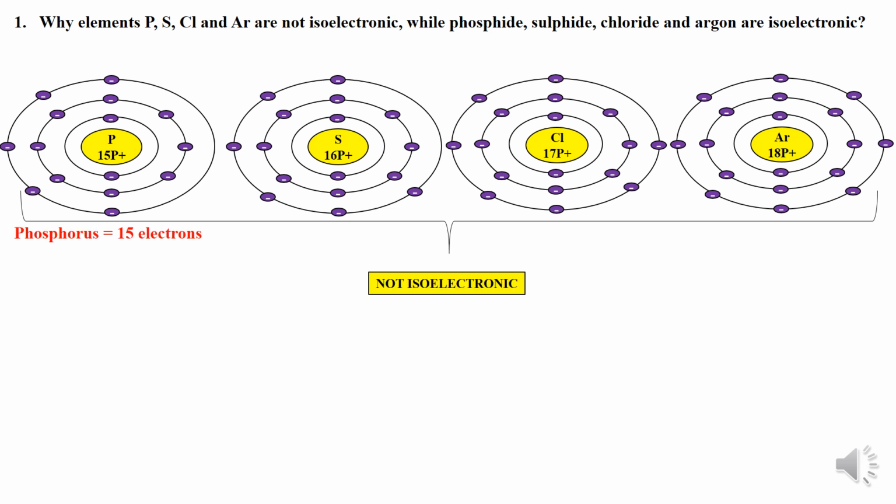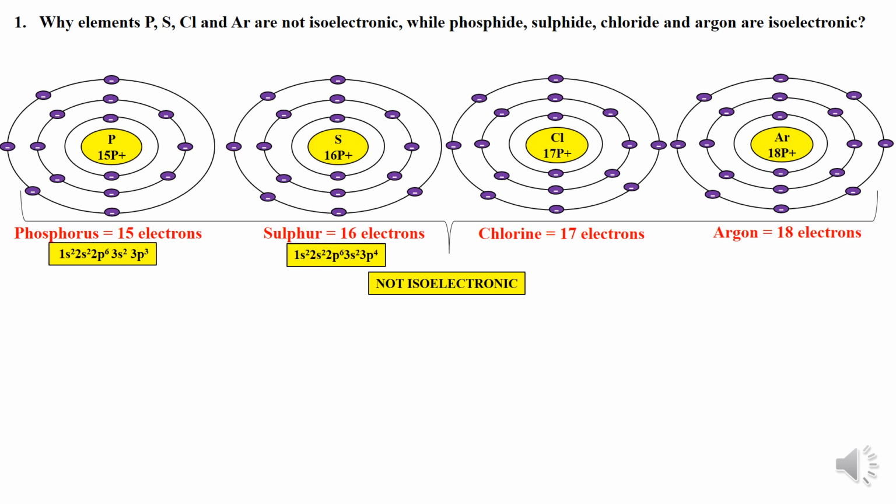Why is that? Phosphorus has 15 electrons, sulfur has 16 electrons, chlorine has 17 electrons, while argon has 18 electrons. So you can see that all four elements have different numbers of electrons. Therefore, they are not isoelectronic, and therefore they have different electronic configurations.